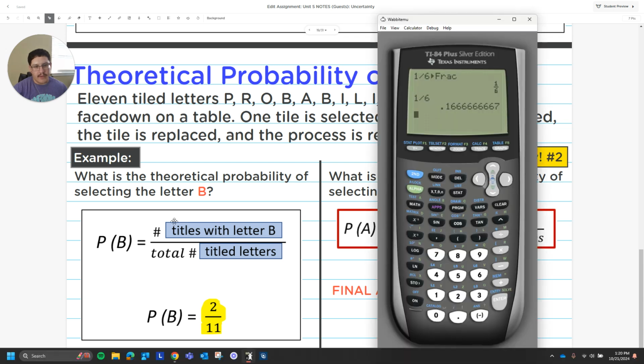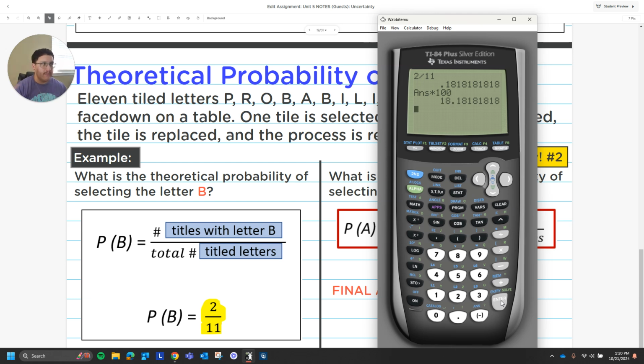And again, if you want to figure out the different ways of representing probability, 2 divided by 11, probability can be expressed as a decimal. So the decimal, if we round to 2 decimal places, is 0.18. That is the probability as a decimal. Let's say I want a percentage.